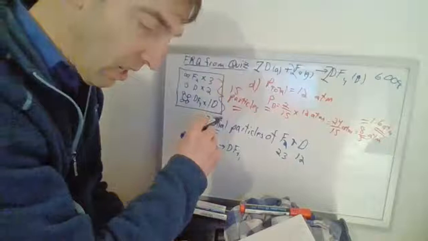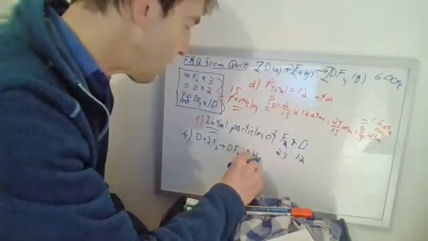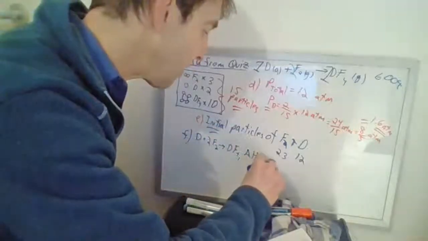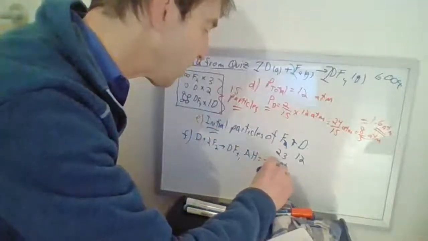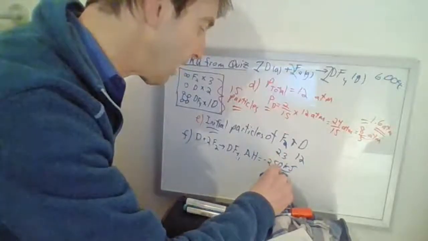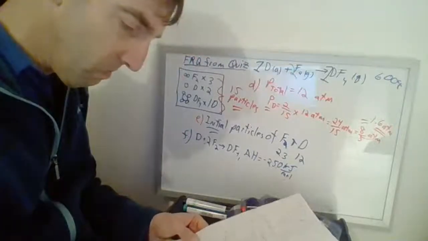And they gave me the delta H, which is negative 250 kJ per mole. And I guess it's per mole as it's written, so 1 DF4.